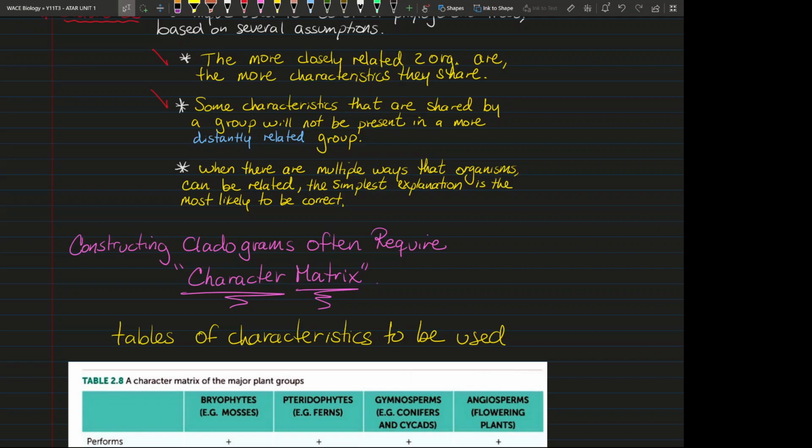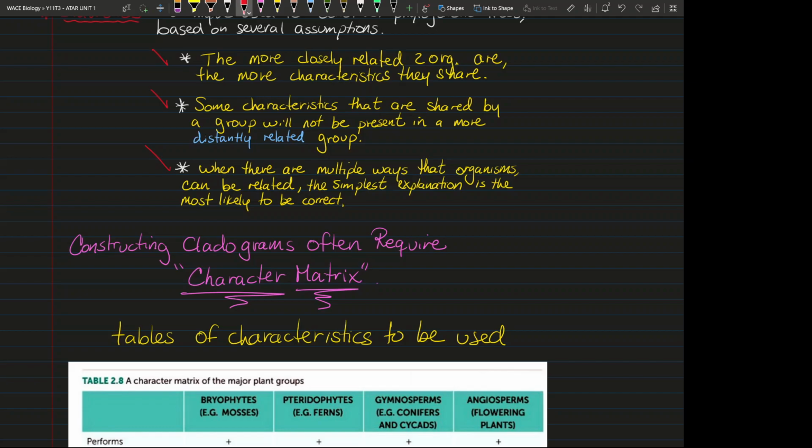And number 3, when there are multiple ways that organisms could be related, the simplest explanation is most likely to be the correct one, right? There are several features that can be present in different groups.